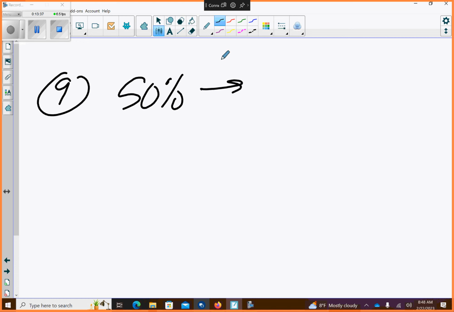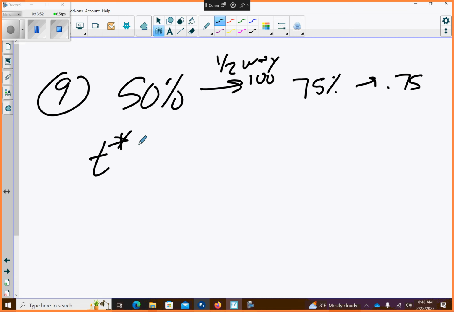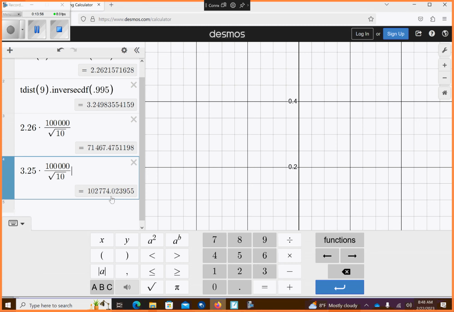All right, friends, halfway to 100 is what? From 50, halfway to 100 is 75, which is 0.75. So this is going to allow us to find our t star. Our t star is going to be a value, and we jump on to our Desmos, friends.